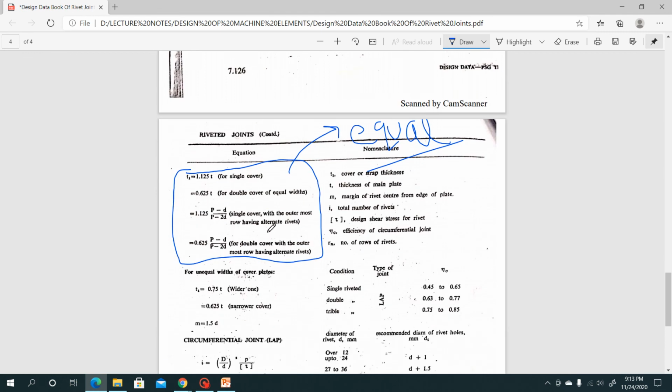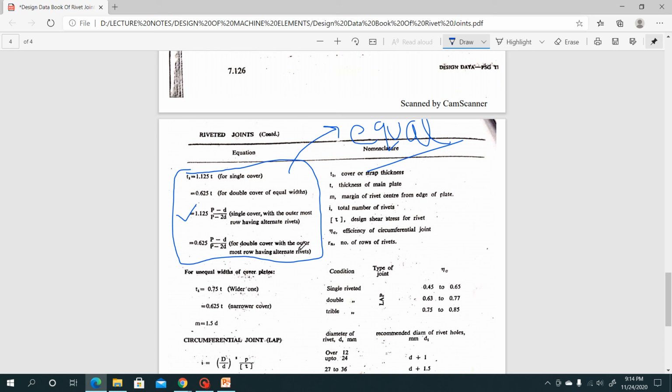Fine. Now if you have used a single cover plate with the outermost row having alternate rivets, then this particular equation is used to get the value of thickness of the strap.